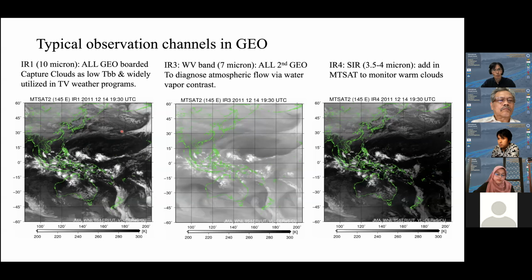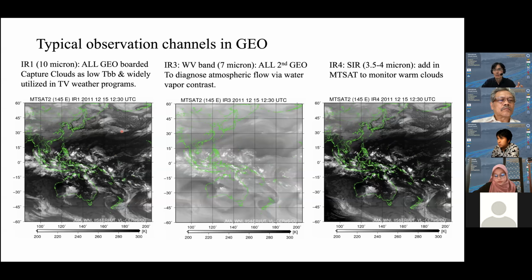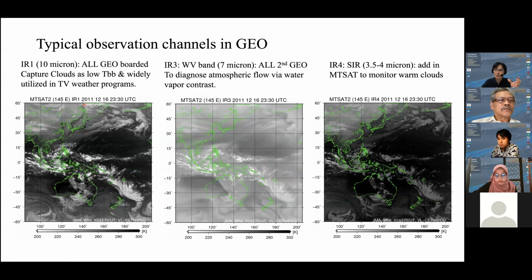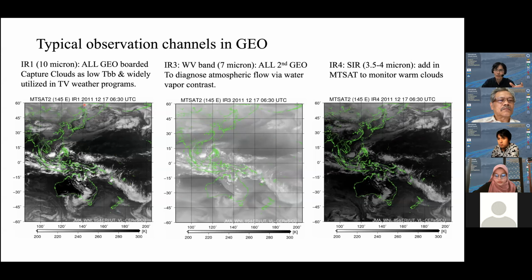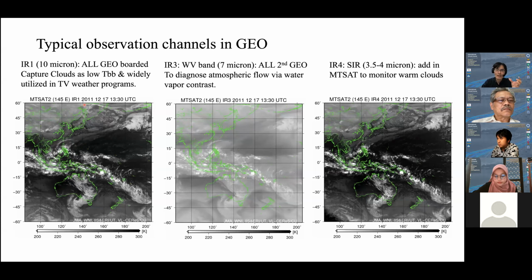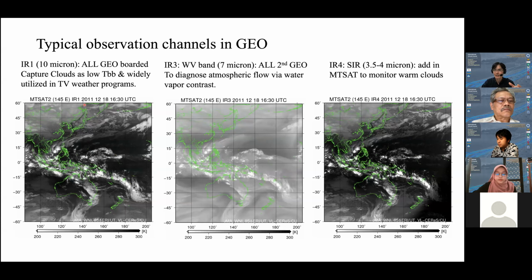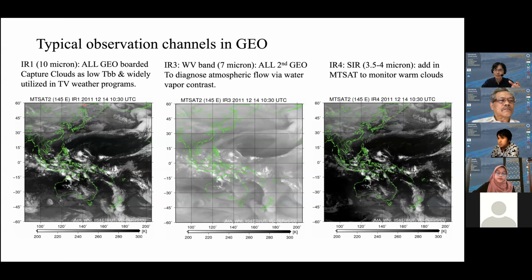That's the reason why most TV programs use movies from geostationary meteorological satellite data, at least in Japan or in the US. It is very easy to visualize large-scale cloud activities as proxies.